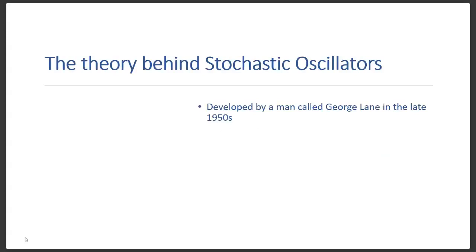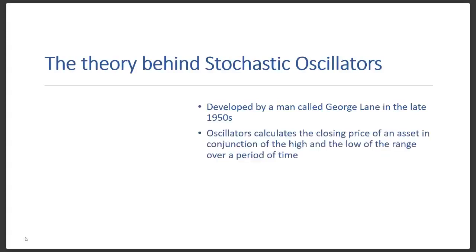His theory was that oscillators calculate the closing price of an asset in conjunction with the high and low of the range that asset is trading in over a period of time.